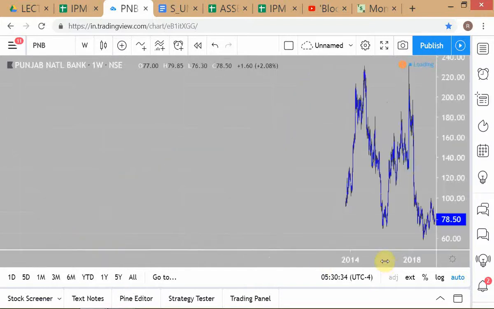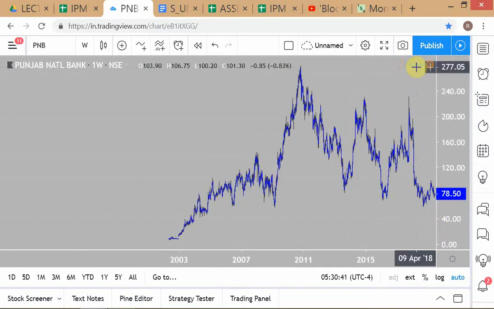So let's all hope and pray that PNB goes to 240 or something like that. At the time of the election and after the result came up, the price was almost 100.